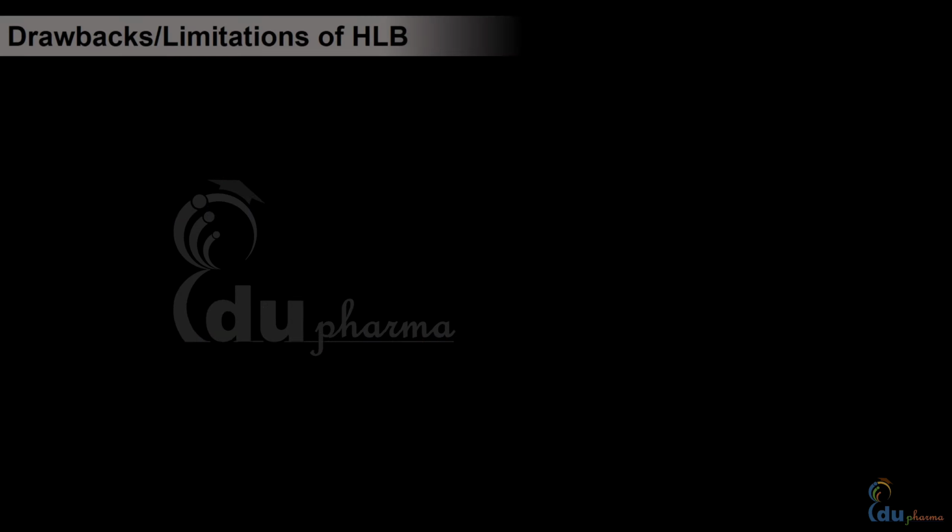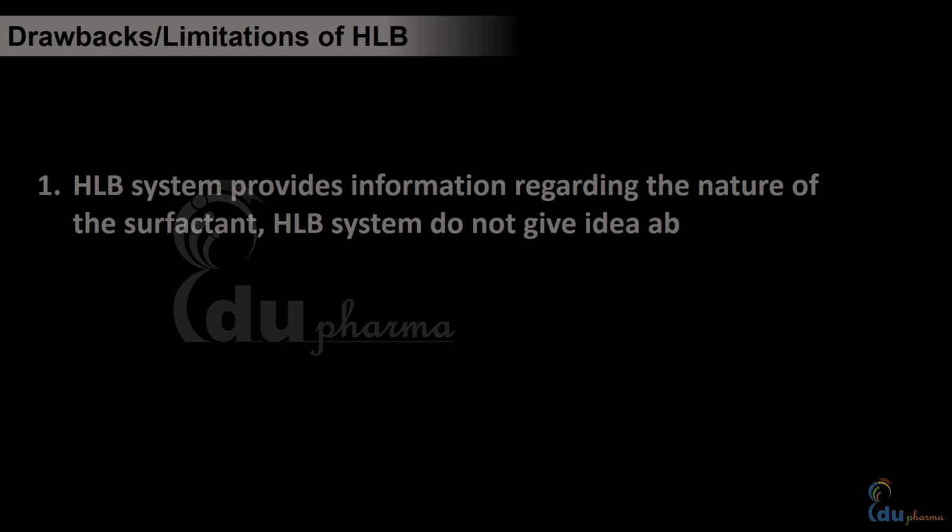Some limitations are also there. Let's see. The first drawback of the HLB system is that it provides information regarding the nature of the surfactant used, but the concentration of such surfactant is equally important. The HLB system neglects the concentration of surfactant required for the optimum stability of an emulsion.